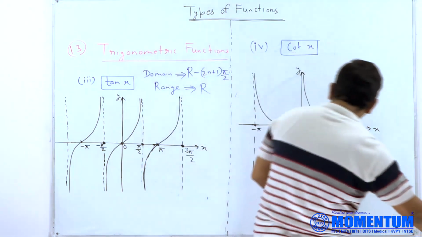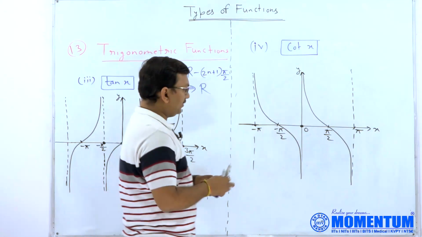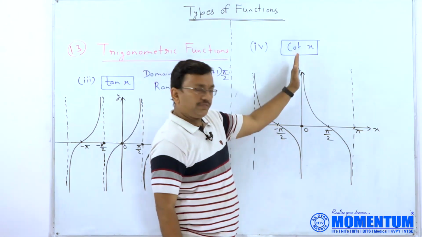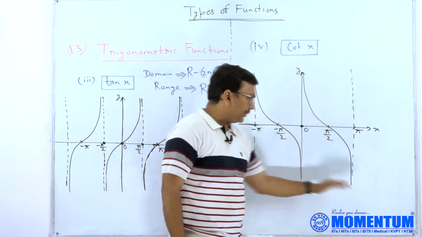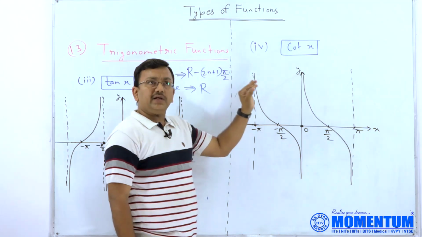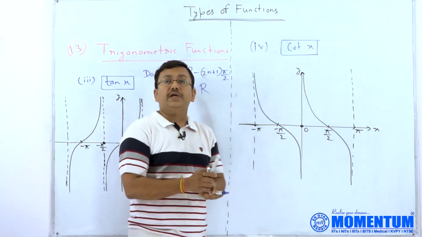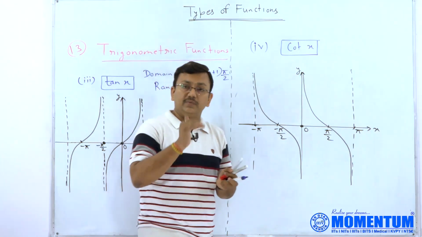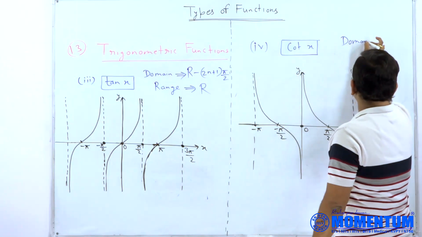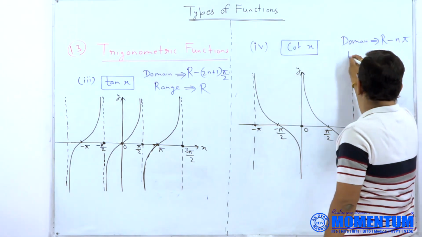Now, in this diagram, where is the graph becoming infinite? At 0 the graph is going to infinity, at pi the graph is going to infinity, at minus pi the graph is going to infinity. So pi, minus pi, they are what? Multiples of pi. Here our graph is becoming infinity, not defined, so we will have to exclude these. So domain is R minus n pi.